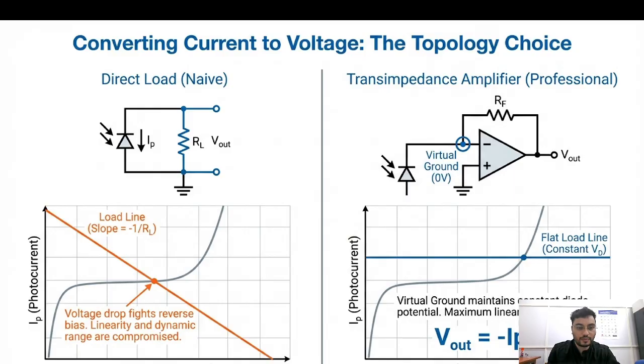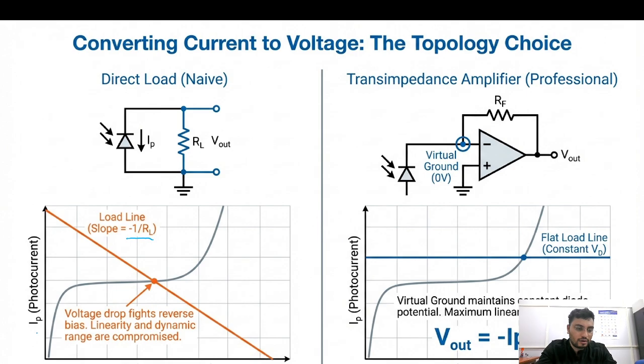Okay, moving towards the next thing, which is the load line comparison for the direct load and TIA, transimpedance amplifier. You can see that in the load line, if you are using the photodiode with the load RL, the V out will have the slope of minus 1 upon RL.